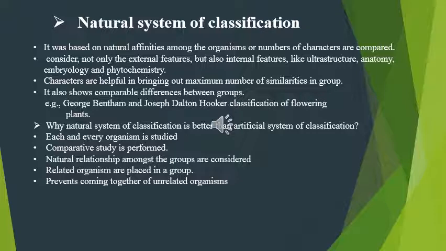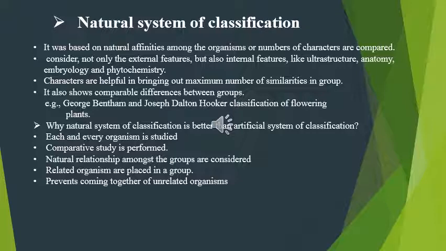Now a question arises: why is the natural system of classification better than the artificial system of classification? The natural system studies each and every organism, whereas the artificial does not.